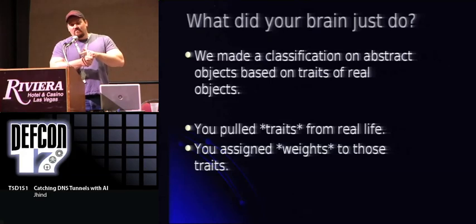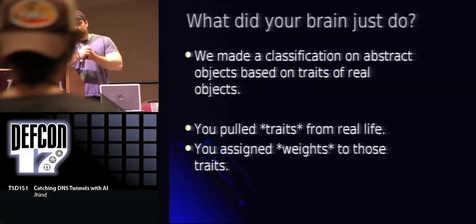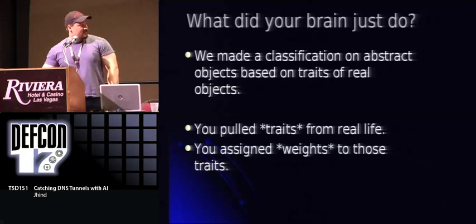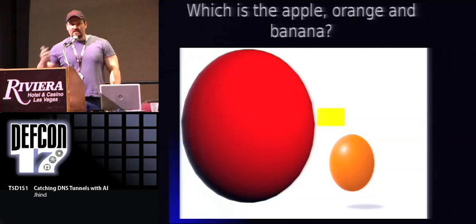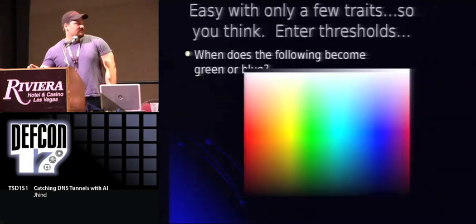For that classification decision, we don't care what the apple tastes like, we don't care that it's crunchy, so you discarded those, and you took 2 traits, you took color and shape, and you assigned a weight to those. You said one of those is much more important than the other. So even if you didn't realize it, that's how your brain works. You took an abstract concept and you pulled the weights and traits out of it. So we're going to talk about traits and weights a lot.